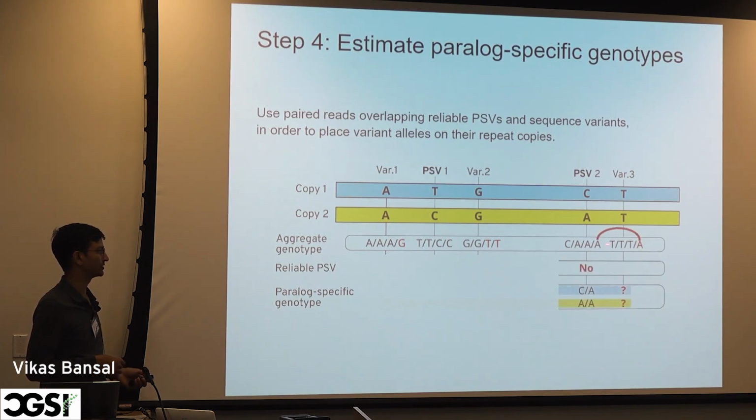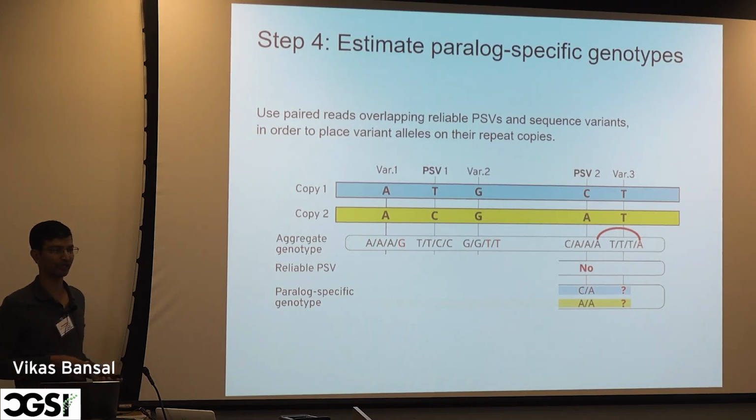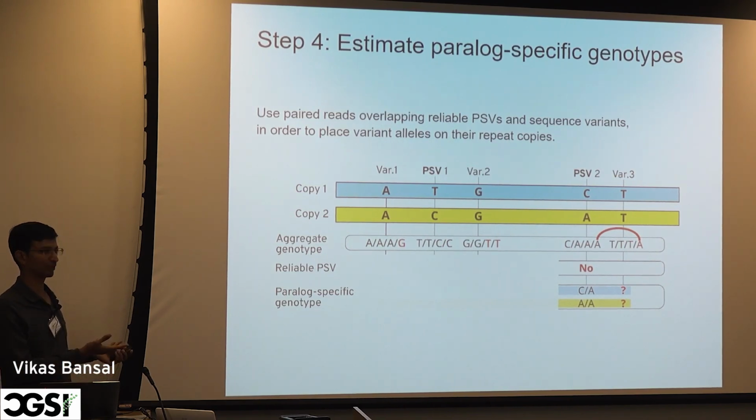And in the case of this third variant, because the neighboring PSV is not reliable, we are unable to resolve this variant into parallel specific genotypes. But for this variant, we still know that there is a variant present, but we do not know whether the variant is present in copy 1 or copy 2.